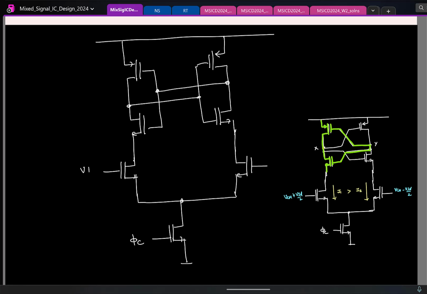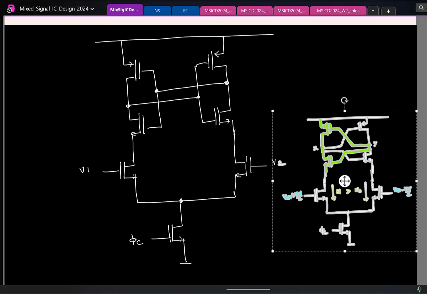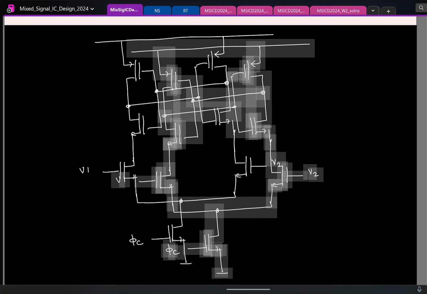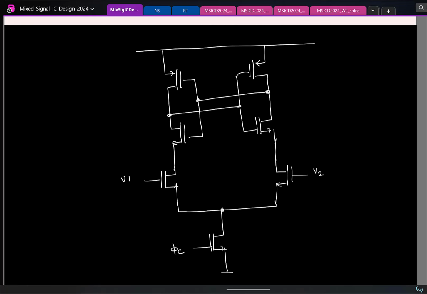Let's say this is V1 and V2. Same thing I have drawn in a slightly more visually appealing manner, that's all. As usual, I label the output nodes as X and Y. Again, remember, before I start any comparison, what should I do to the outputs?